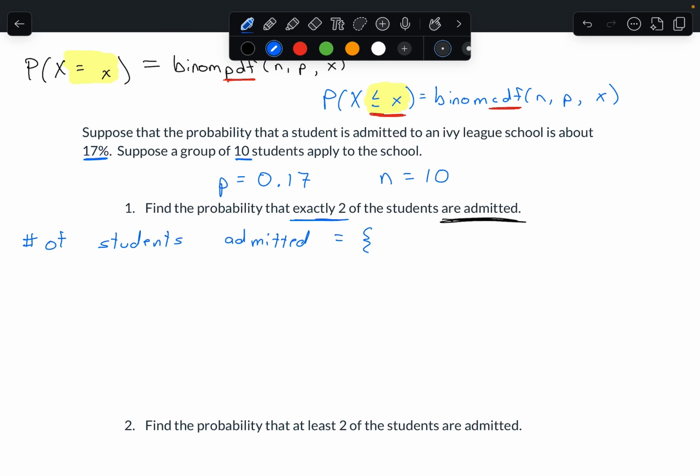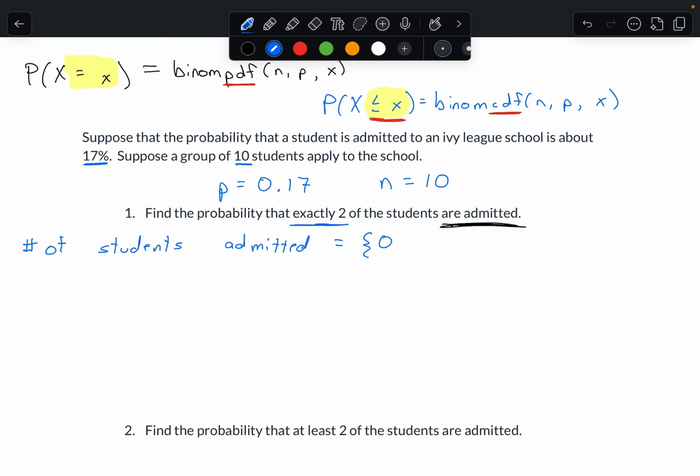What are the possible numbers of successes? I could have 0 students admitted, 1, 2, 3, 4, all the way up to a total of 10, because that's the number of students that are applying. So when I say exactly 2 of the students are admitted, we're looking at just this case alone, where I have exactly k equals 2 successes.